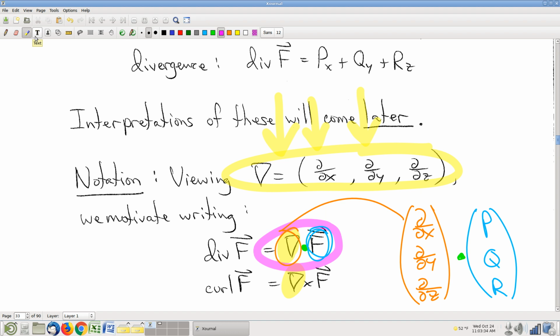What should this mean? That is kind of notational nonsense in a way.